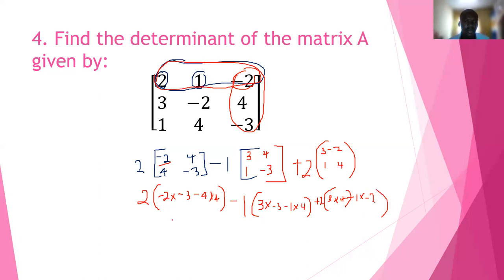So negative 2 times negative 3 is 6, minus 16. We get negative 10. So 2 times that we get negative 20.